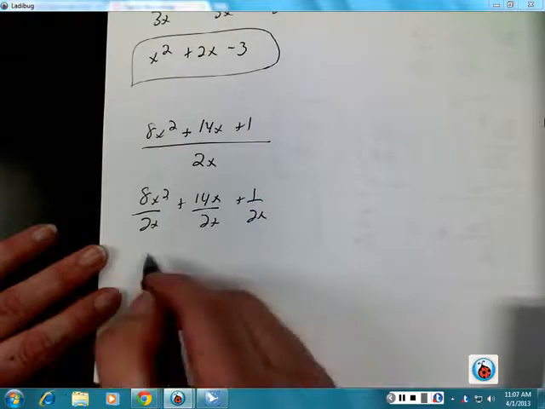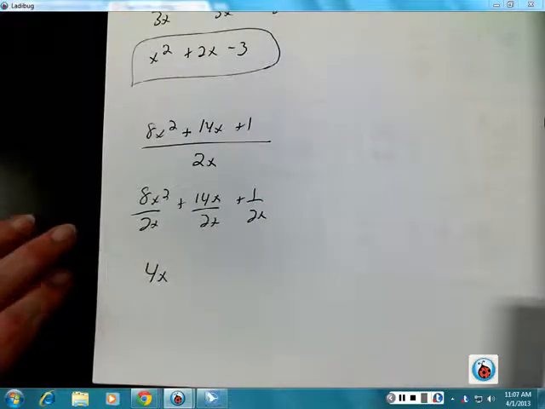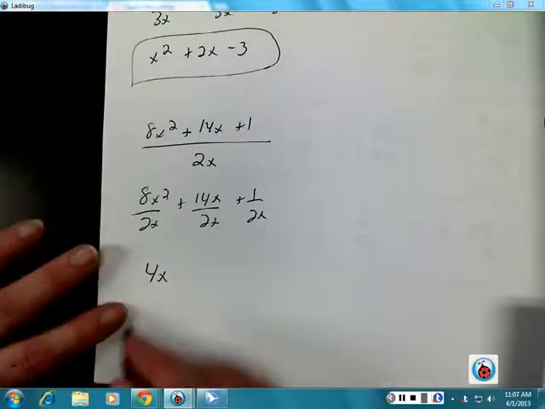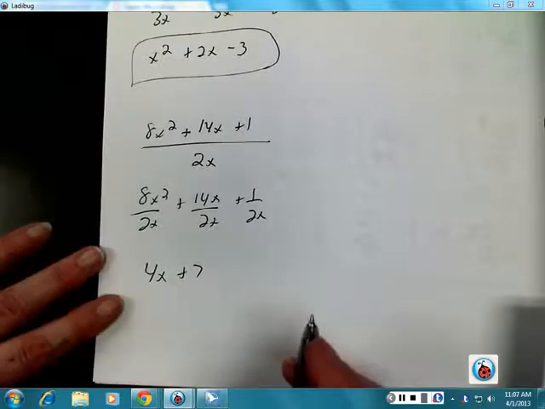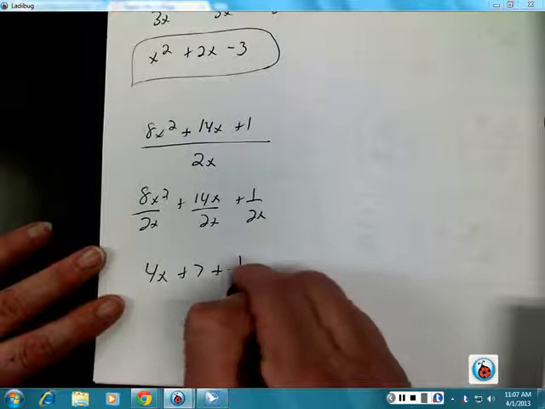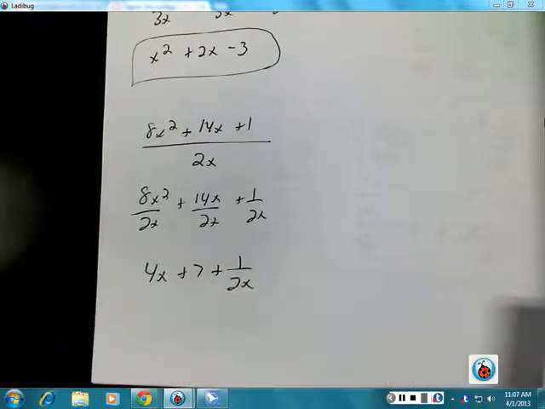So 4x was the first one. What's the second one? Plus 7. And last one? Can't do anything with it because there isn't anything that cancels, so I just end up with 1 over 2x, and that would be my answer. Okay? Not bad, hey?